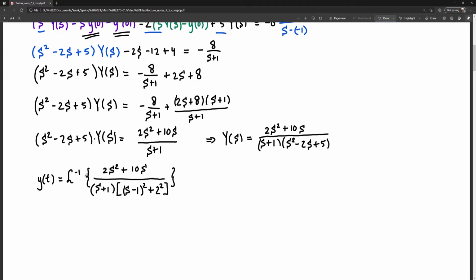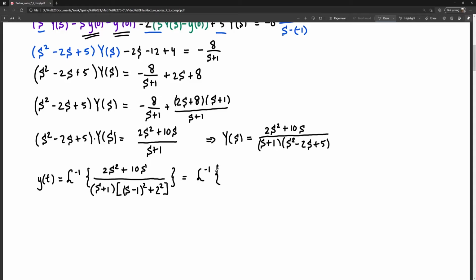And so if we take the Laplace inverse of that expression, we can decompose this fraction as follows.